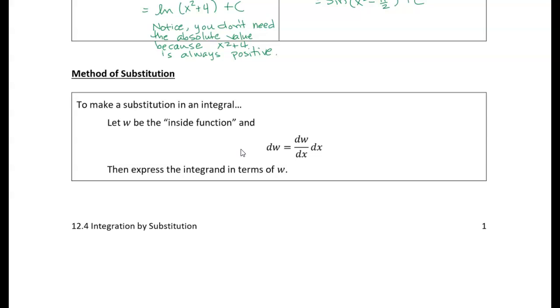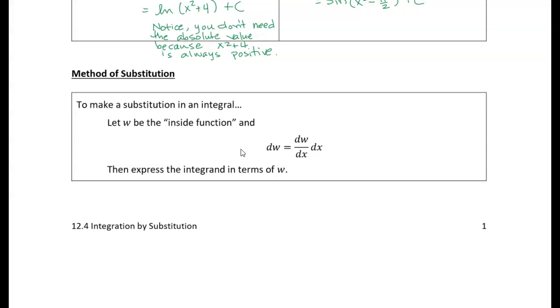And then when we take the derivative of w, we have this expression. This is written in Leibniz's notation, but you can see that dw is equal to the derivative of w with respect to x times dx, and then we're going to use that to make a substitution.